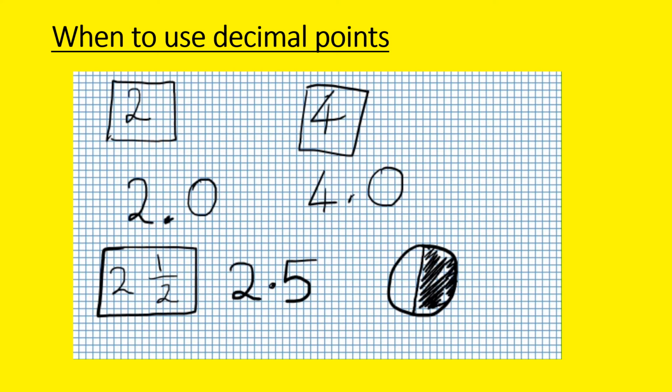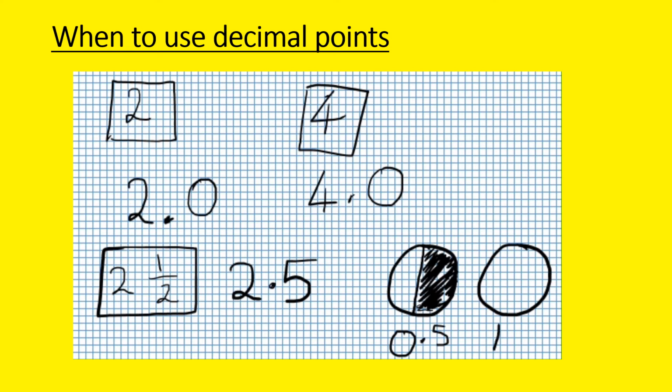But if I was to eat this chocolate cake and only eat half of it, then it's no longer a whole, is it? Here's my whole cake, and there's my half cake. So here's my one whole cake. There's no need for a decimal point at the end. And over here, because I'm eating half, which we know is 0.5, that's why we know we need to use a decimal point.